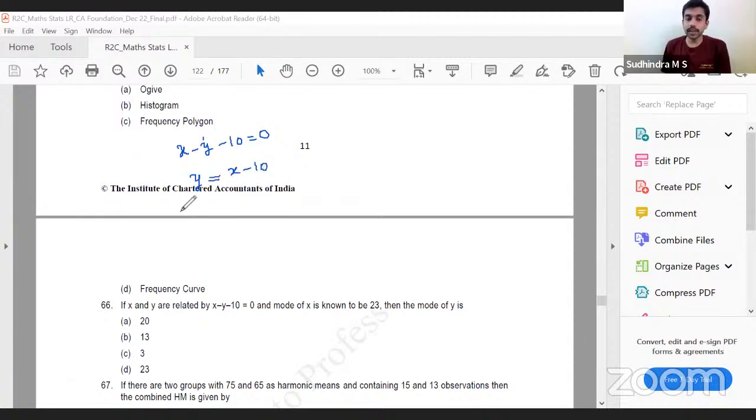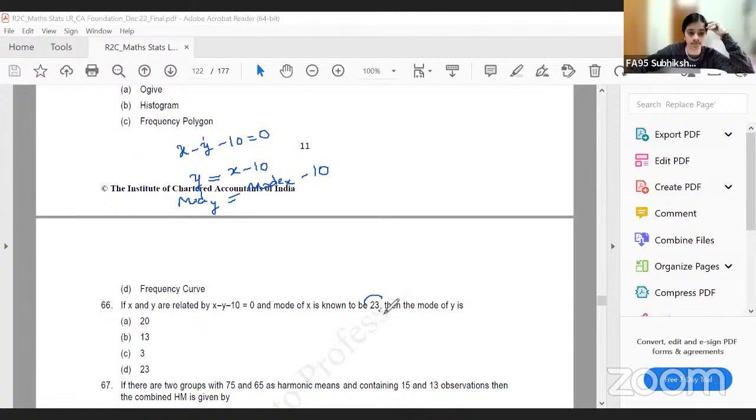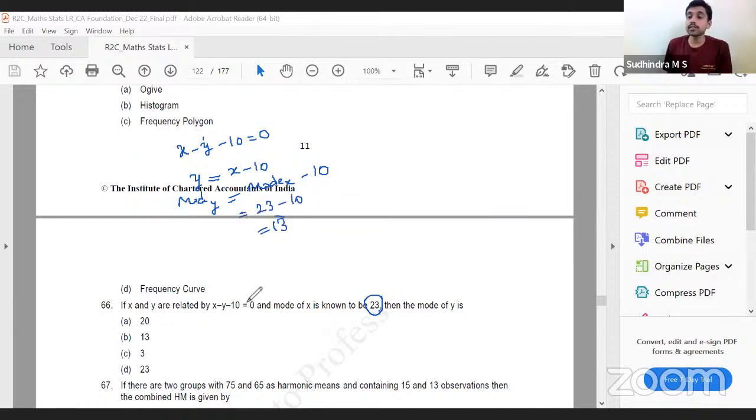Now mode of y is equal to mode of x minus 10. Mode of x is 23, so 23 minus 10 is 13. Mode of y is 13, not 23. Clear?